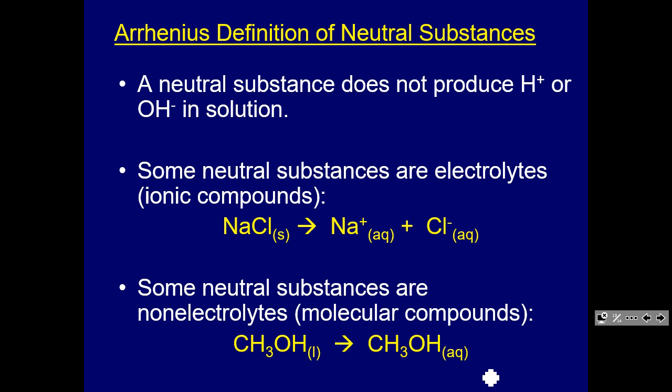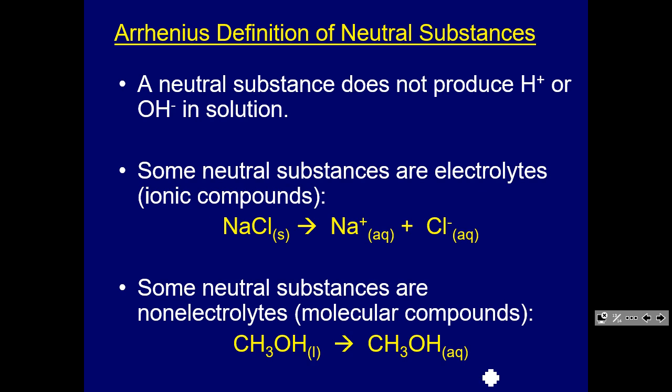Some neutral substances are non-electrolytes, so molecular. So if I took some CH3OH, that's called methanol, all right? And I dissolved it in water, it dissolves because it gets surrounded by the water. Remember, in the dissolving discussion we've had, the OHs can be attracted to the water molecules, but it isn't an electrolyte, and it's neutral because it doesn't produce OHs. You might say, there's an OH right there, Mr. Sanders.